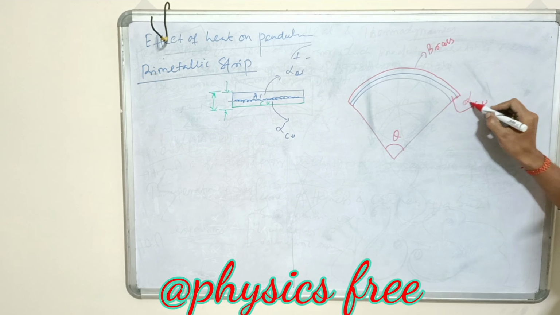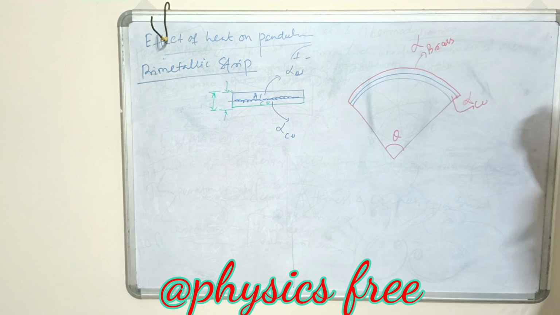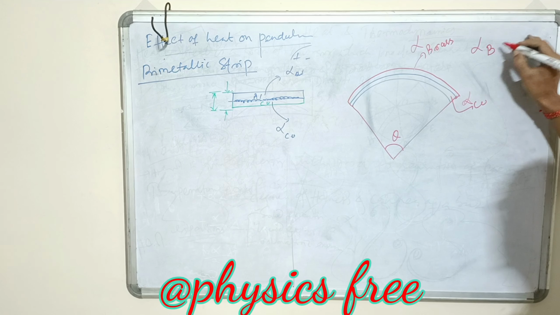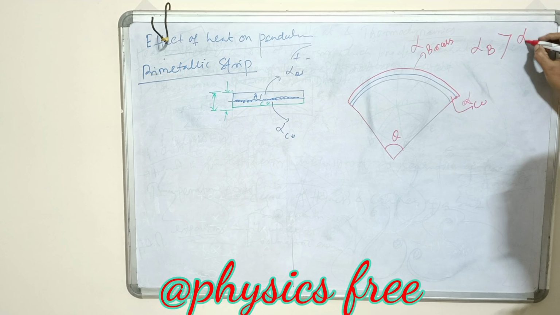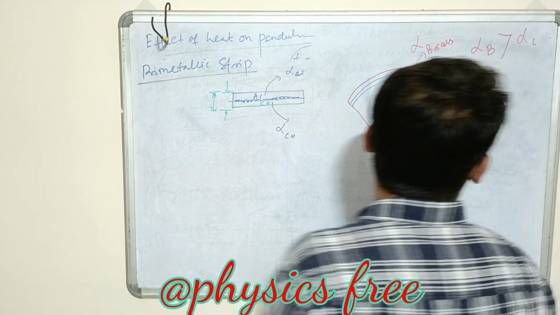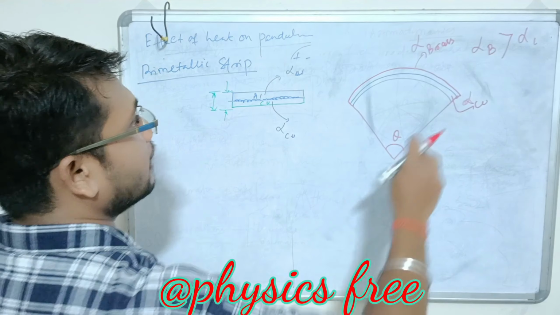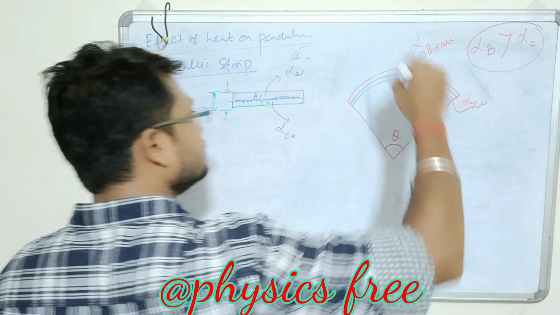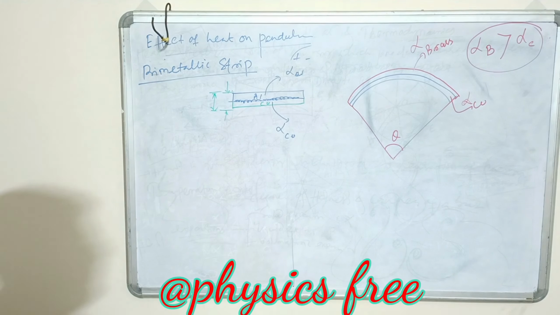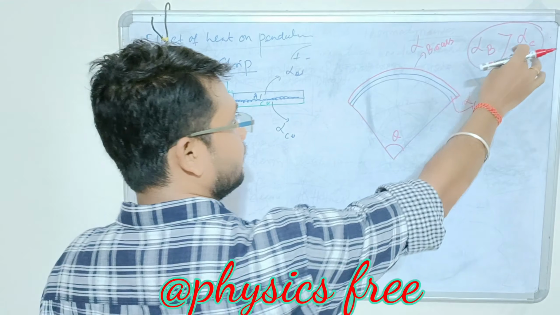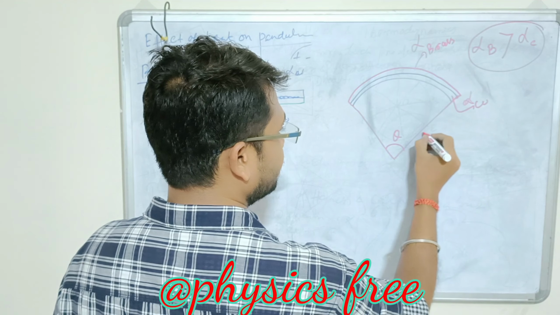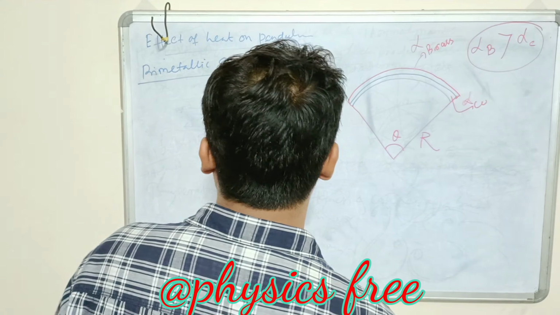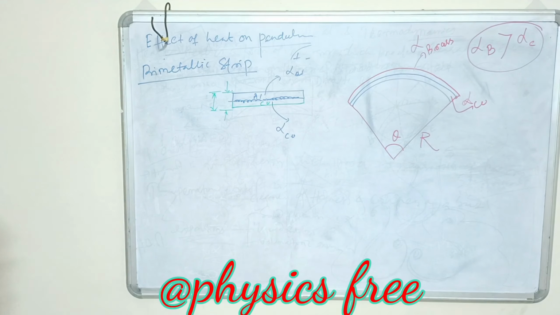This is alpha of copper, this is alpha of brass. That means alpha of brass is greater than alpha of copper. Here our value is alpha of brass is greater than alpha of copper. Now we have to find the radius of curvature, or the value of R.